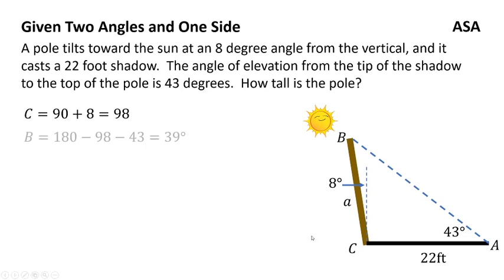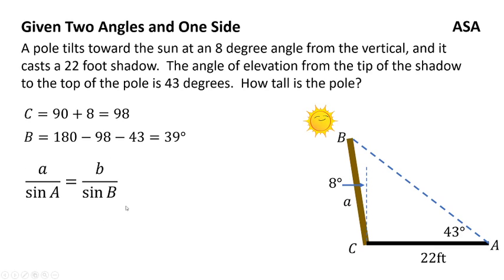With that in mind, we can also find out what angle B is by subtracting 98 and 43 from 180, which gives us 39 degrees left. But the real thing we want to find out is the length of this pole, not necessarily the height, that's a little different, but what is the length of this pole as it is slanted?